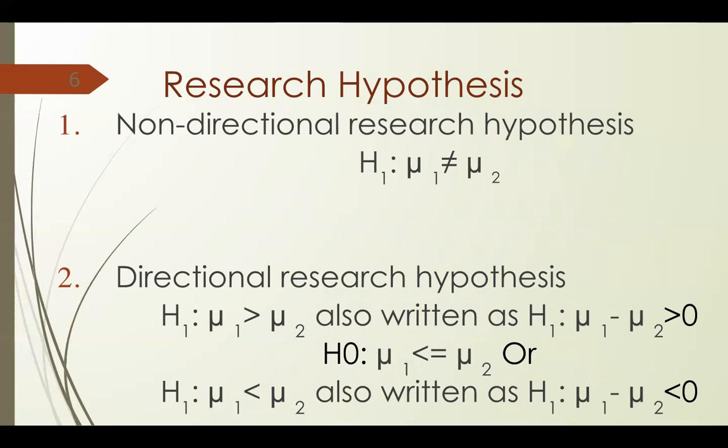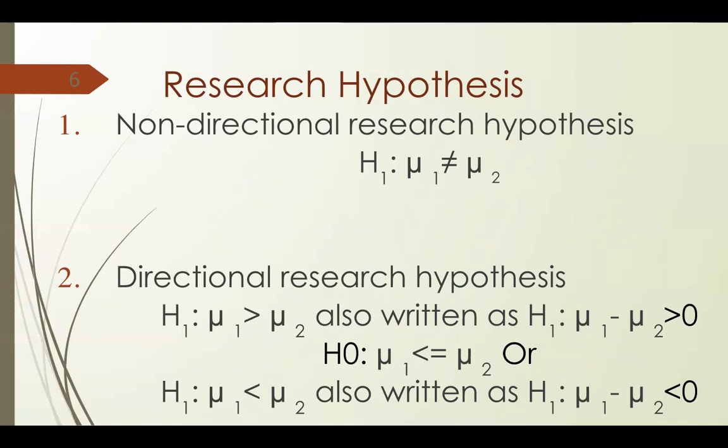If you are rejecting the null hypothesis, you will accept the research hypothesis automatically. And if you are unable to reject the null hypothesis, then your research hypothesis is not accepted, right?